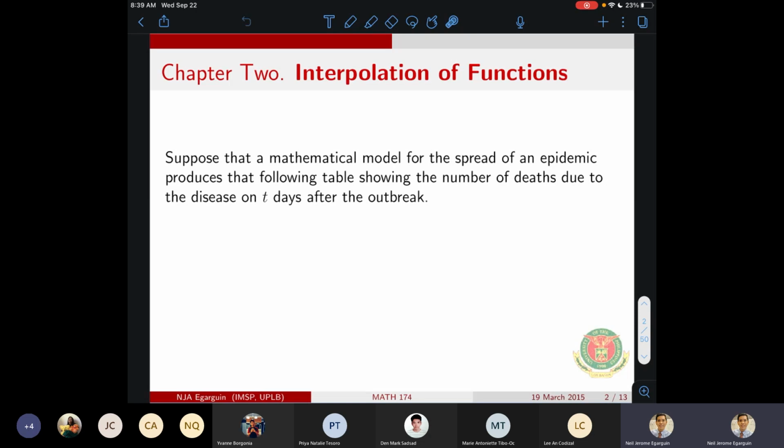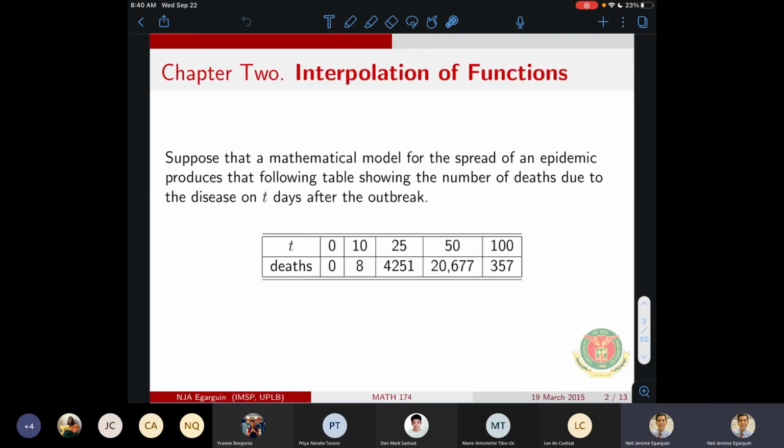But instead, what we do is we collect data, and since we are finite beings, mayroong interval yung kaya nating i-collect na data. For instance, what we get as data would be the number of deaths for specific days after the outbreak. So we get 0 deaths after 0 days, 8 deaths after 10 days, and so on. And we can only do so in a finite number of time steps.